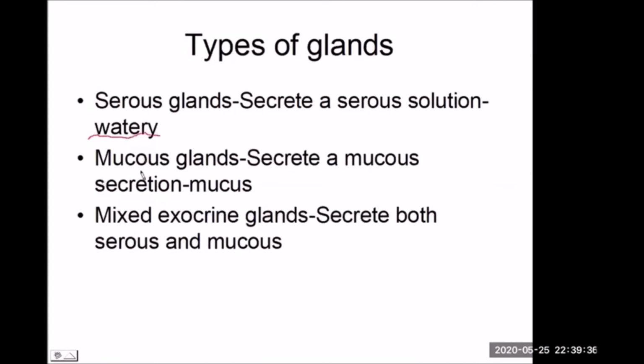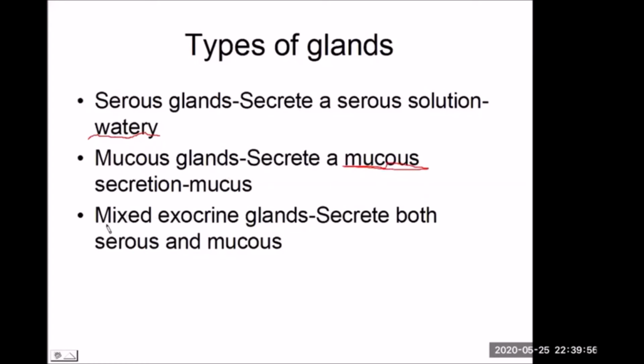A mucus secretion, just think of the mucus in your nasal cavity and your sinus cavities. Very important to your trachea and digestive organs. A mucus secretion is much more viscous, so a much thicker viscous secretion.